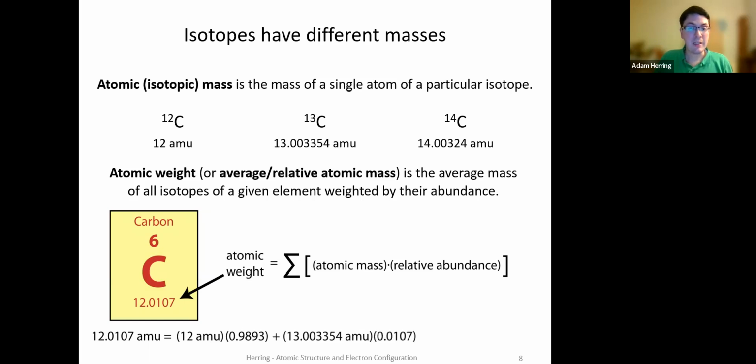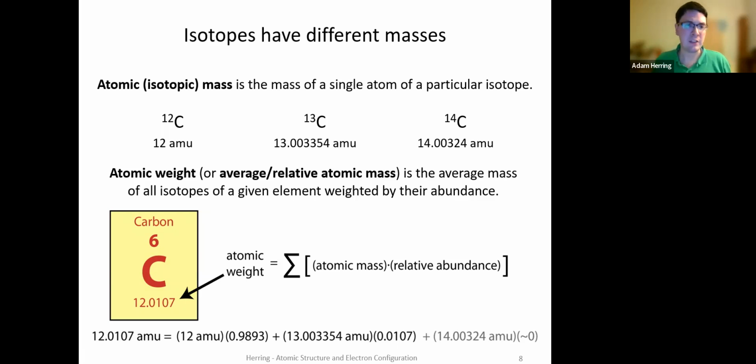For carbon 13, just over 1% of the carbon atoms found in that bucket would be carbon 13. And such a small amount would be carbon 14 that it's essentially 0. So if you were to take and multiply the atomic mass of each isotope times its percent abundance, you get the value that's on the periodic table.